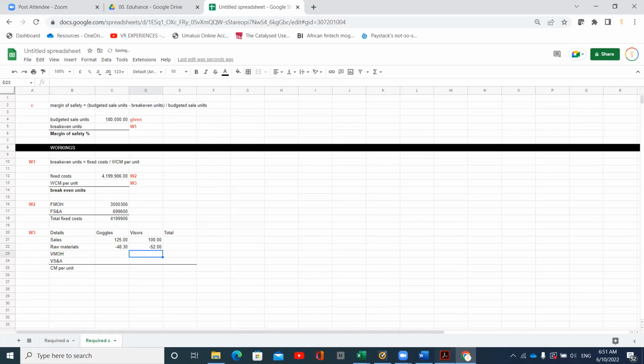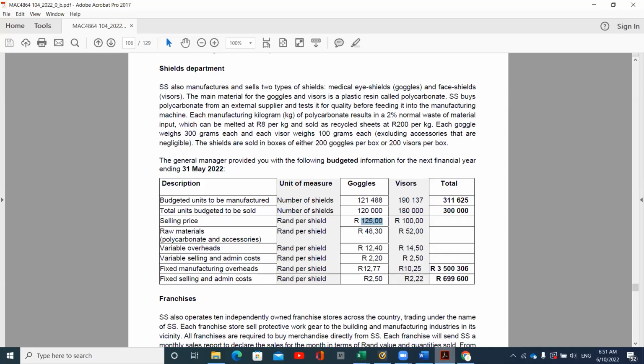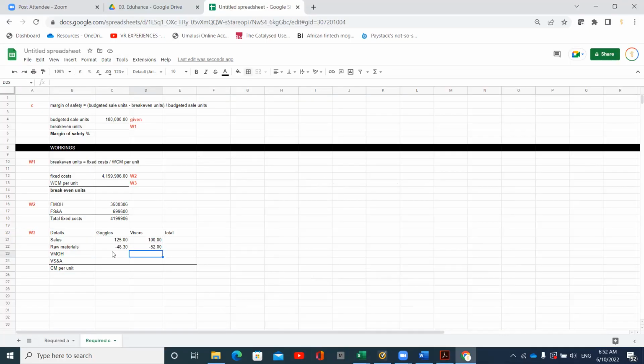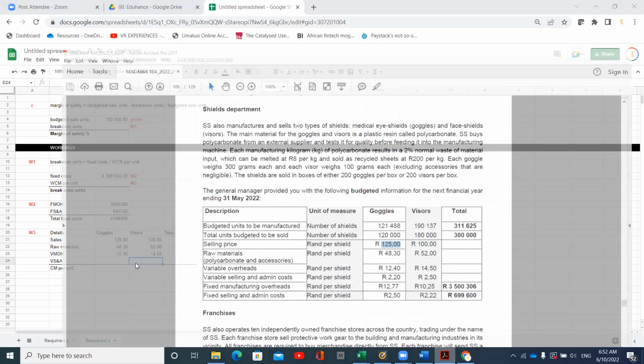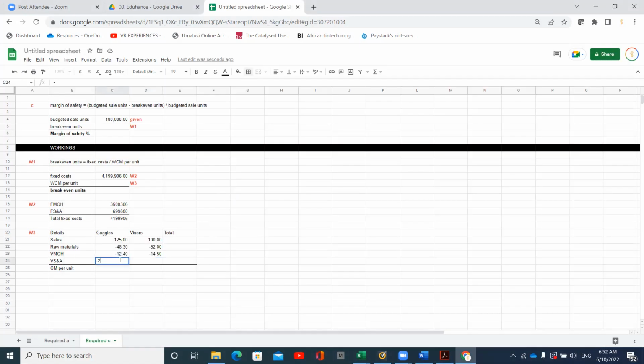Next we have variable overheads, which are 12.40 and 14.50. And then lastly we have 220 and 250. Okay, so we add this up.